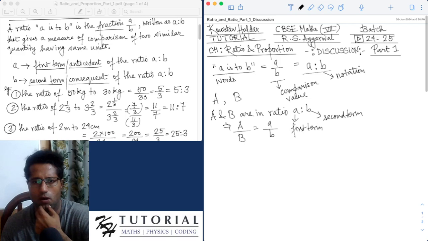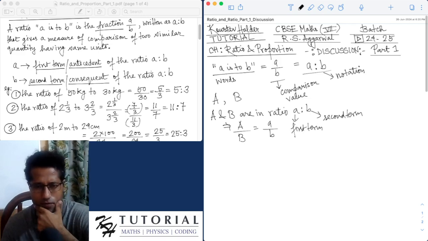It will also be right if we say that the ratio is 50:30. That is also right.